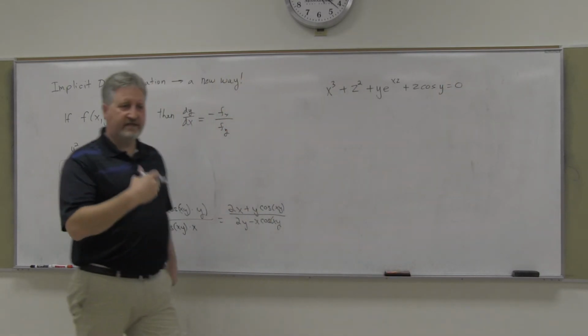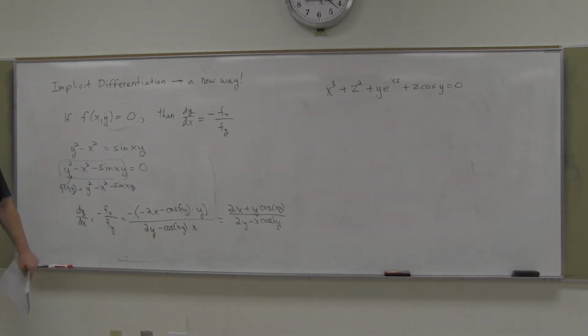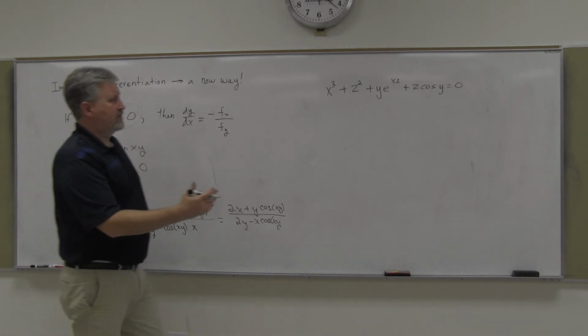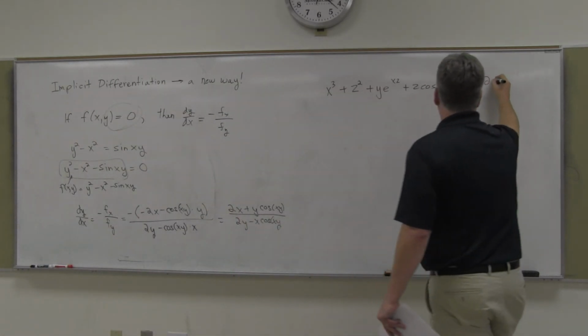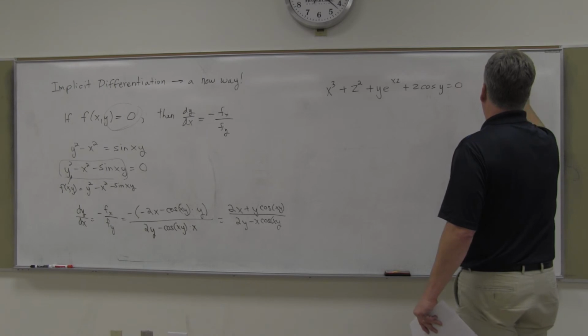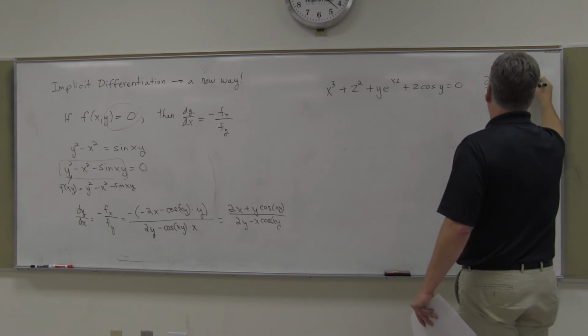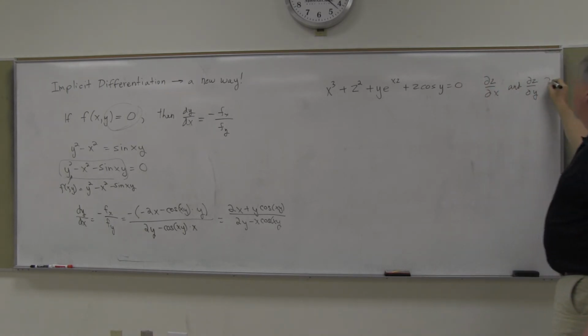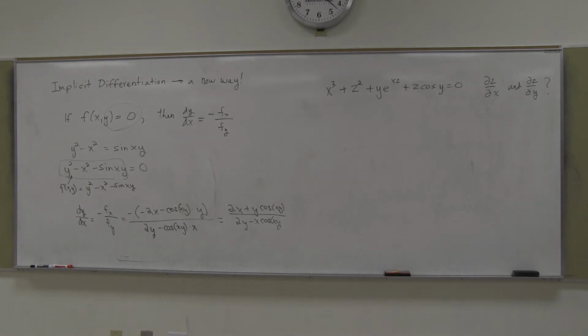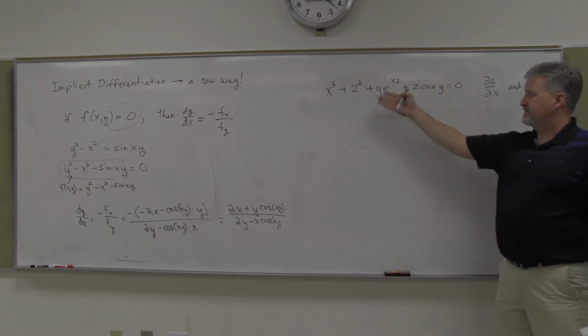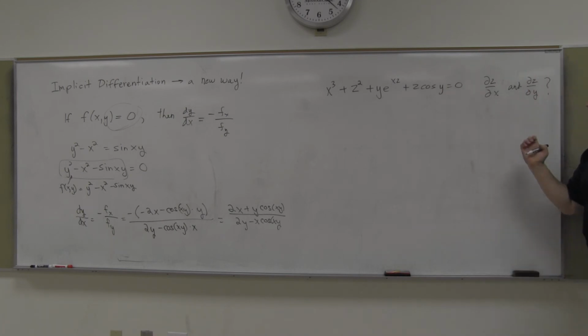Well, we did these a few days ago. And what we were looking for was the partial of z with respect to x and partial of z with respect to y. In other words, I can't exactly get z in terms of x and y as a function, but I still want to know these partials.